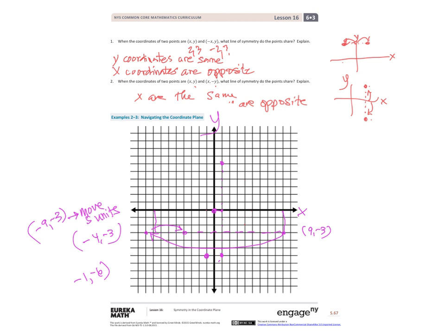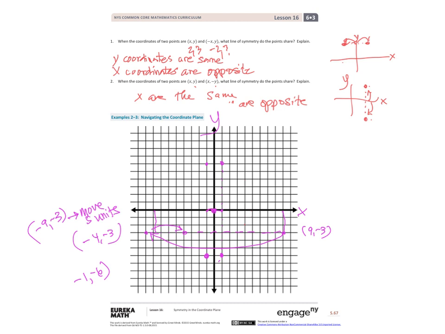And then what is that going to do? Because I was at -1, -6. But maybe I wanted to go over here. If I go over here 1, go up, that's equidistant.